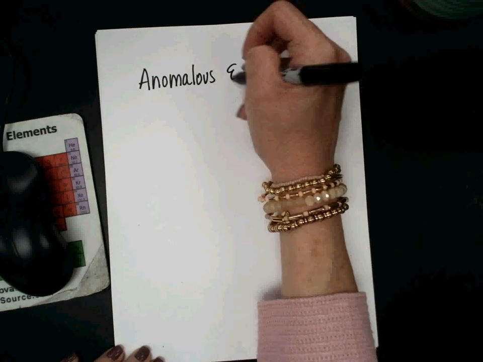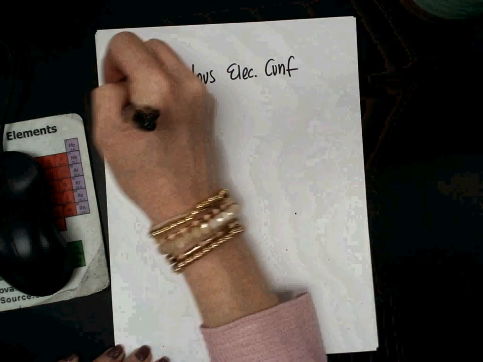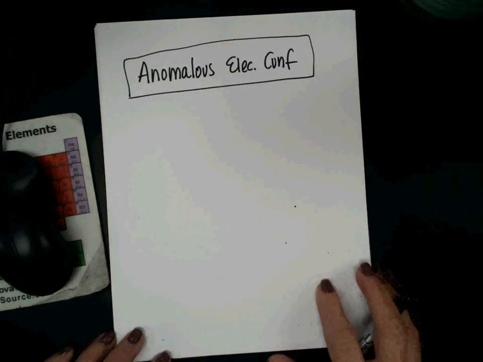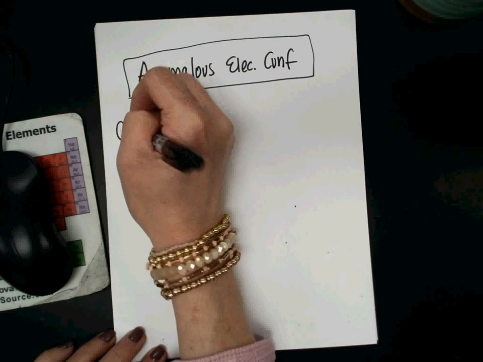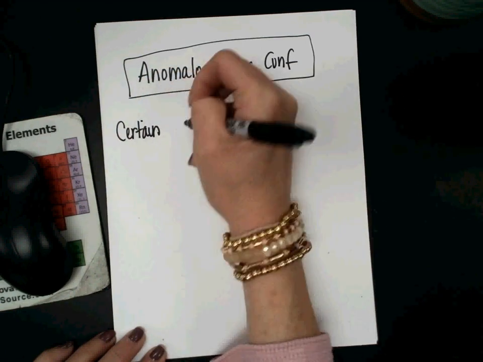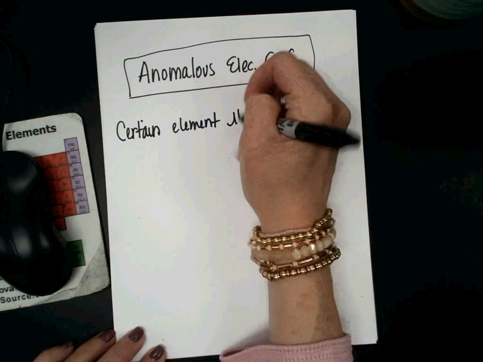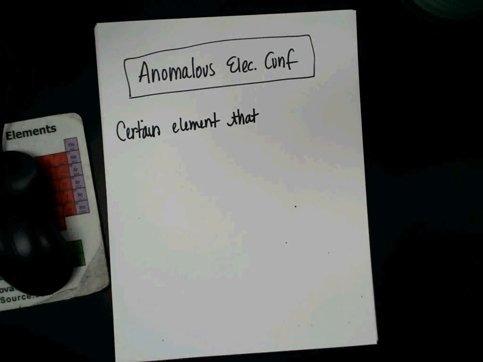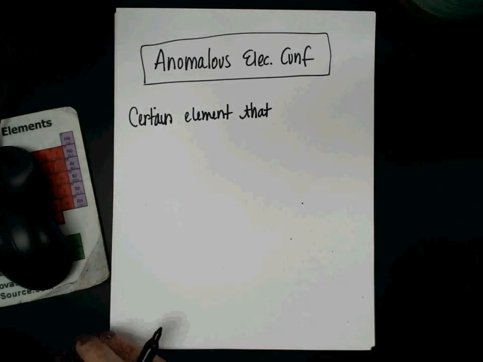Okay, so what I want to talk about is called, excuse me, anomalous electron configurations. So we have certain elements, and we'll talk about a couple of them. Certain elements that, if I were to give you a table that had all of the electron configurations for every element on it, there would be some that if you mapped it, you would say they're not right.